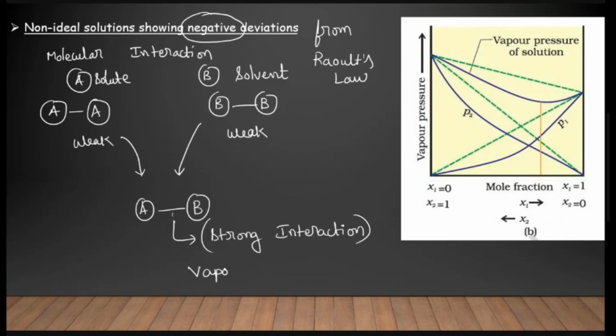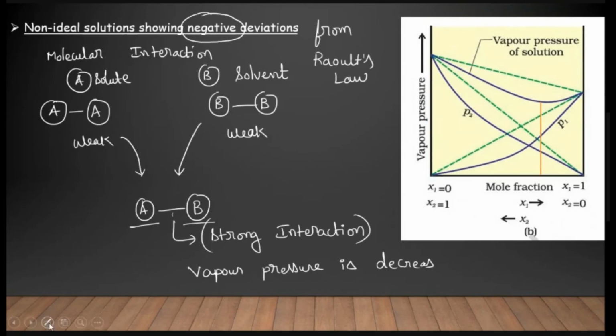Vapor pressure decreases because of the strong interaction between the solute particles and the solvent molecules. The vapor pressure decreases, and there is not much contribution towards the vapor phase. That's why there is negative deviation from Raoult's law.